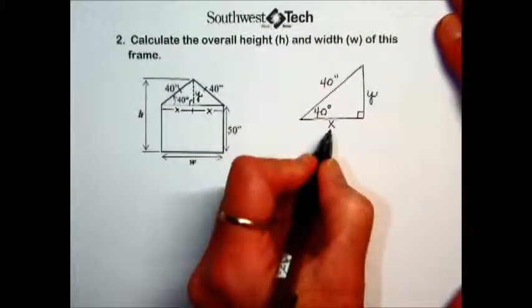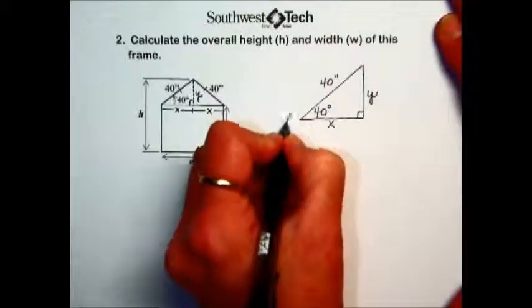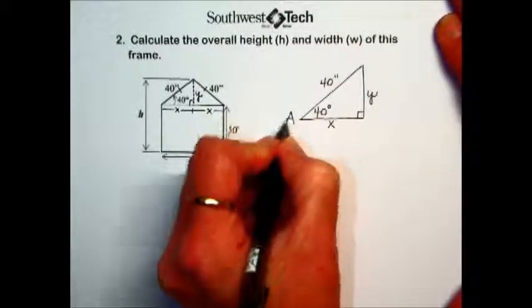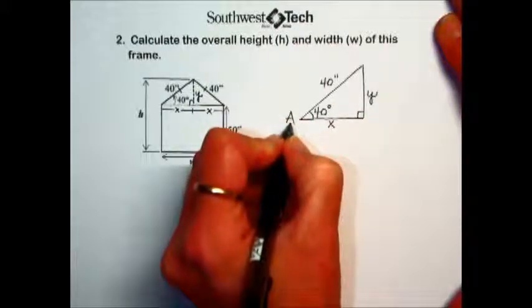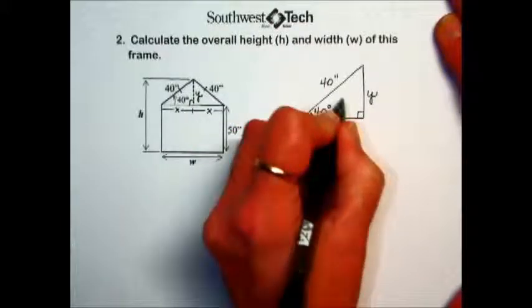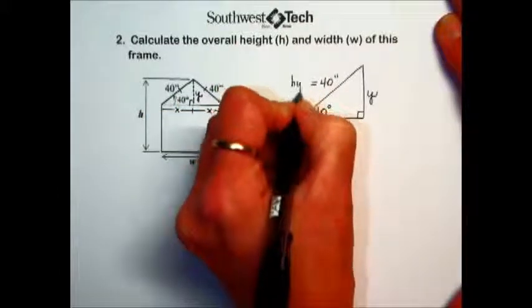If we start with x, we need to determine which trig formula to use, but before we do that, we better label the sides of the triangle so we know which trig formula to use. Since we know the acute angle here, we'll use this as our reference angle. Across from our right angle is the hypotenuse.